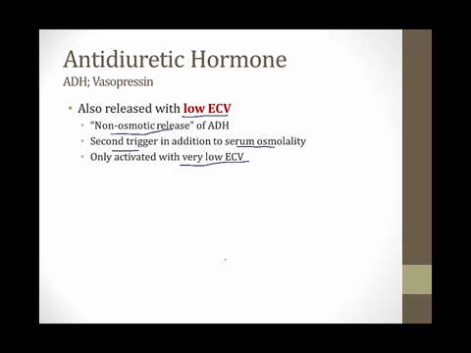This is only going to be activated in settings when the ECV is very low, like those three settings we talked about before: volume depletion, heart failure, and cirrhosis. In all three of those settings, the ECV can get so low that ADH is released no matter what the serum osmolality is. In other words, the low ECV takes over as the trigger and leads to ADH release no matter what the serum osmolality may be.